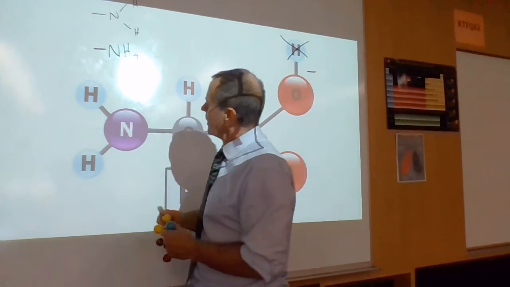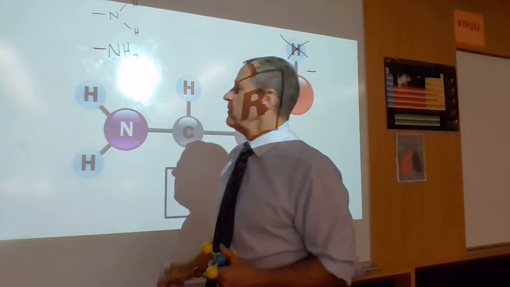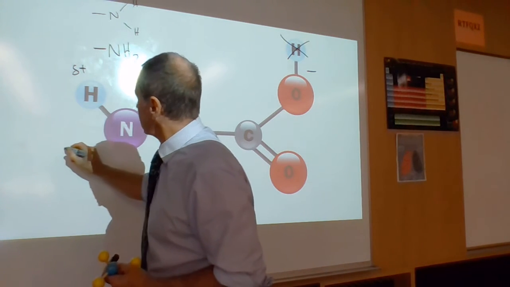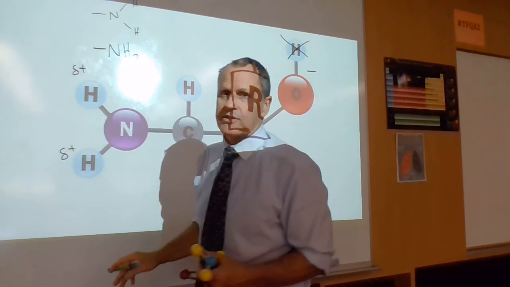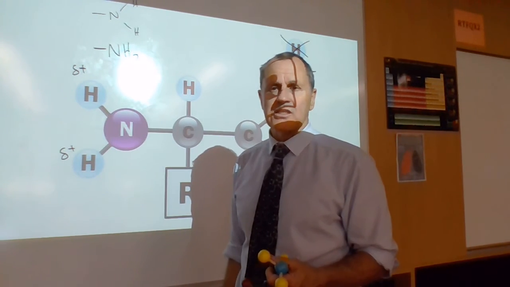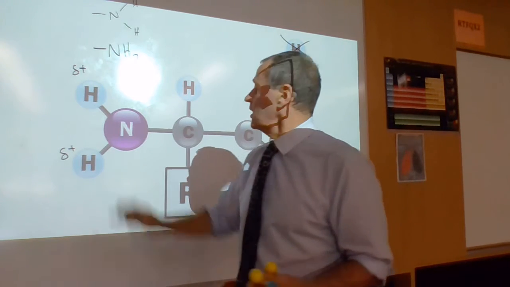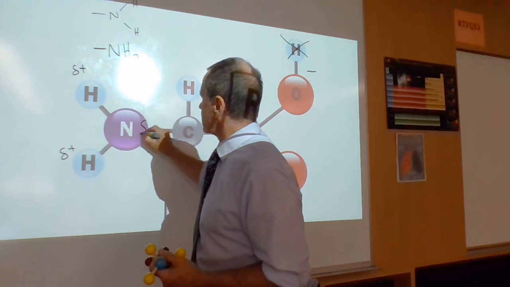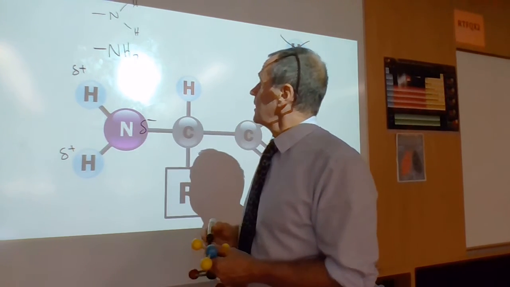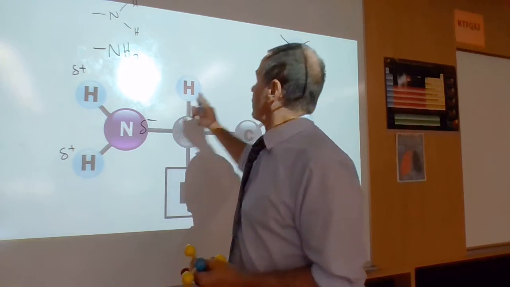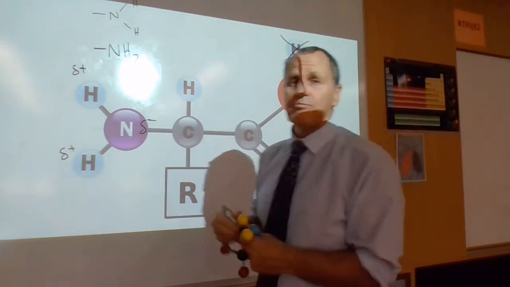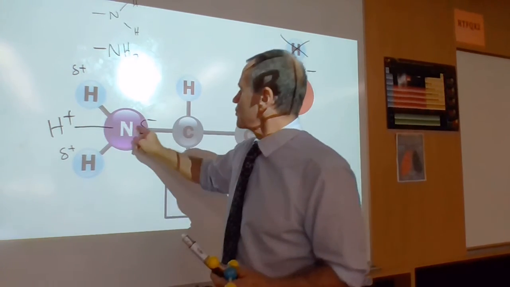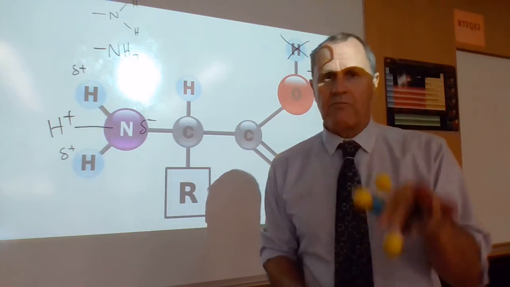So here's our NH2 group, our amino group, and as we know, this forms a delta positive here, and this other hydrogen forms a delta positive, because hydrogen's electronegativity is ultra tiny, but nitrogen has a much greater electronegativity, so this part of it's going to be delta negative. Now, what happens is that we've given away our H+ here, but another H+ can join onto there, because it's attracted by the delta negative nitrogen.